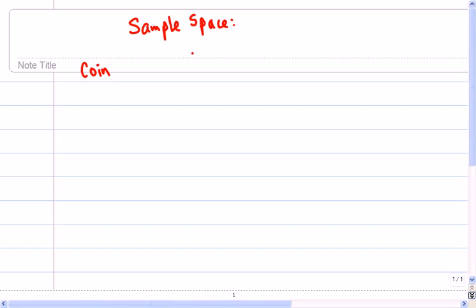Okay, so a coin is tossed. So we might have a head, might have a tail. And then we draw a card. More specifically, what we're looking for here is a suit. So, I could draw the whole 52 card deck, but what I mean is with a suit there's only 4 things to choose from.